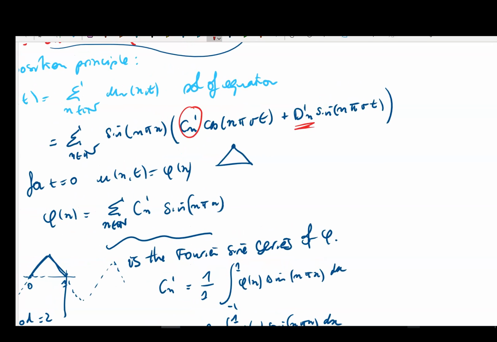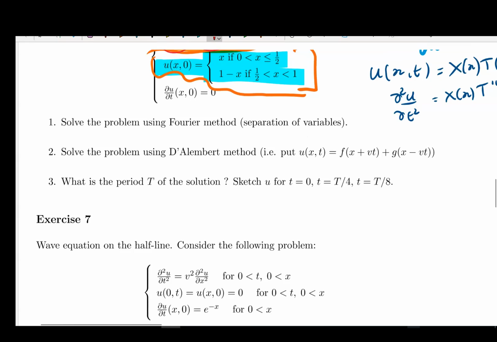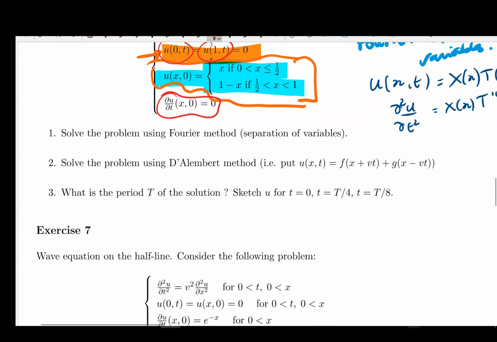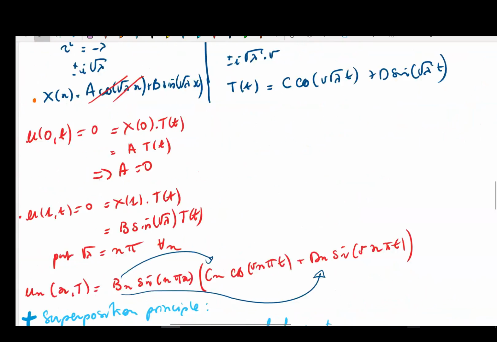We still have to find that. In order to find that, we're just going to use, well, the last condition that we have. The last condition that we have is this one: the derivative according to t of my function when t is equal to 0 has to be equal to 0. So let's work on that.